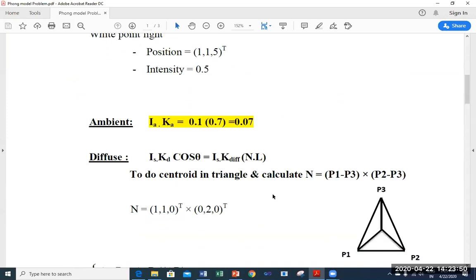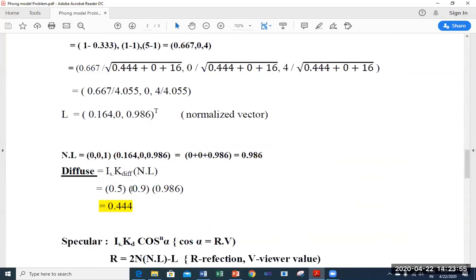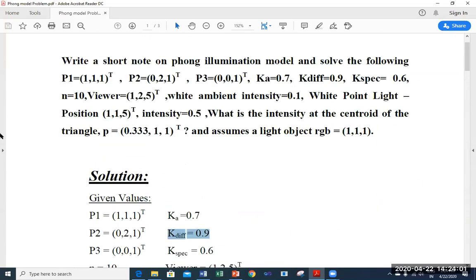The coefficient factor value is 0.9. Okay, and apply the intensity value, because here it is white light, as they mentioned, white point light.